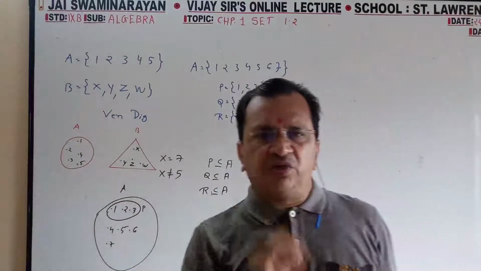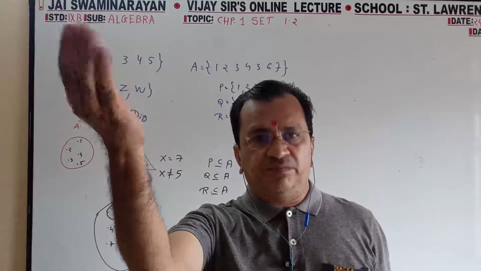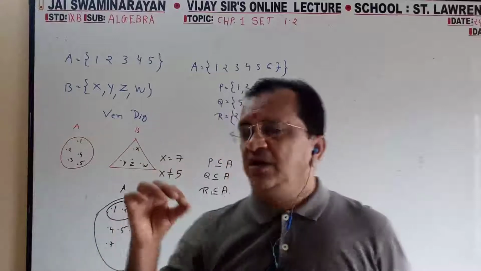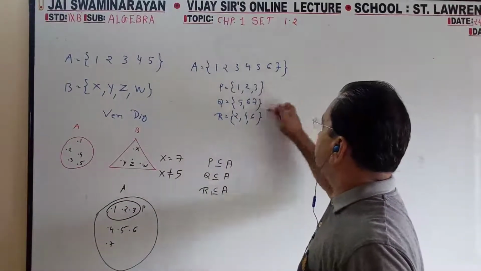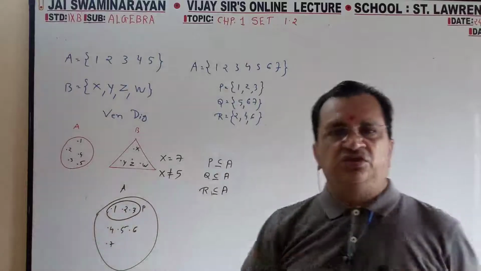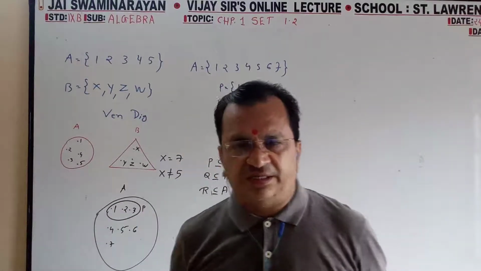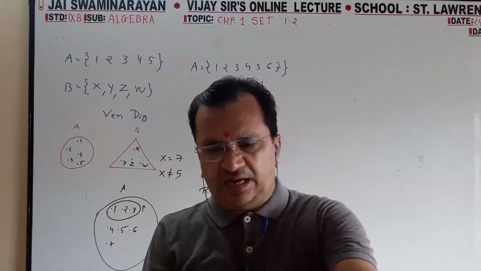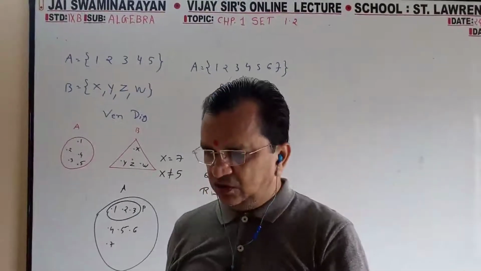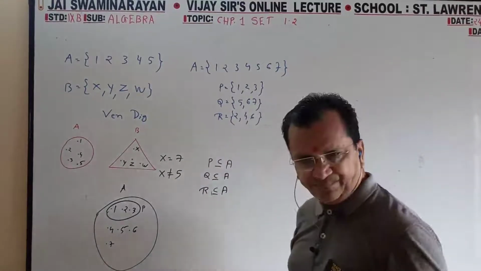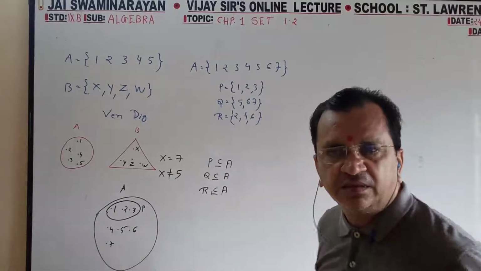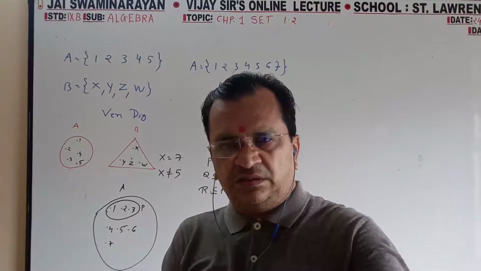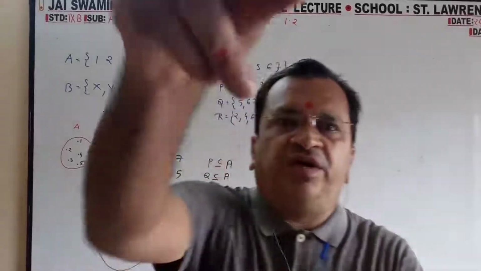When small groups are the part of a big group, then that big group is said to be the universal set, because this is a part of this, this is a part of this, this is a part of this. So it is the universal set. Follow? So now on the next level, wait.